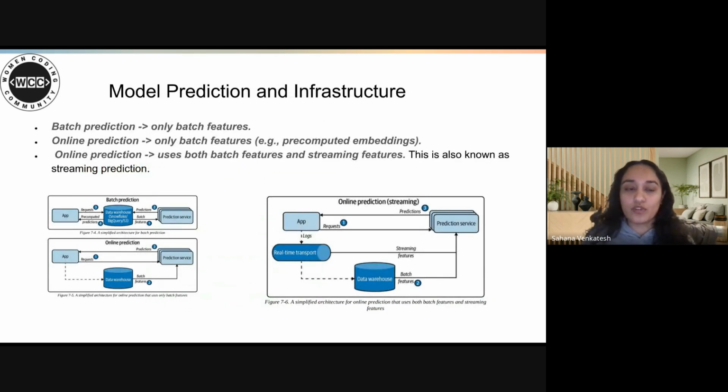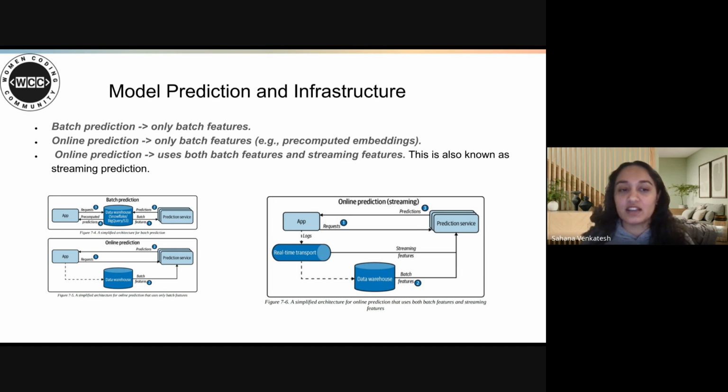So moving on, I'm again going to take us back to predictions and infrastructure. As I shared earlier, batch predictions means that you're making predictions based on batch features. Online prediction means that the model is making predictions based on batch features, but in real time.